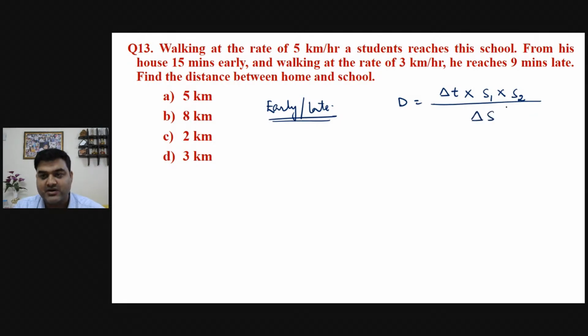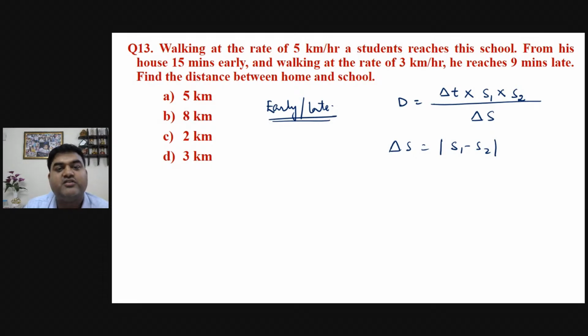Delta s is nothing but s1 minus s2 or s2 minus s1, so delta s is equal to the mod value of the difference of s1 and s2, whichever is big. Sometimes this will be big, sometimes that will be big. Let's see how to find the value of this.